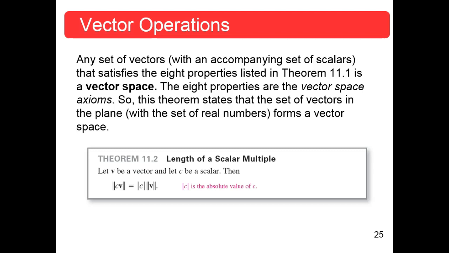He's doing a little bit more than most other books I've taught from, calculus books. But he also has written a linear algebra book. We use his, and so I think that's why he's getting into that. So this theorem states that the set of vectors in the plane with the set of real numbers forms a vector space.